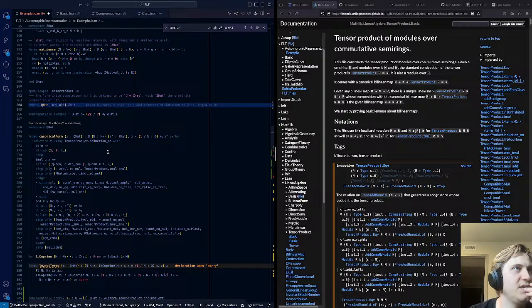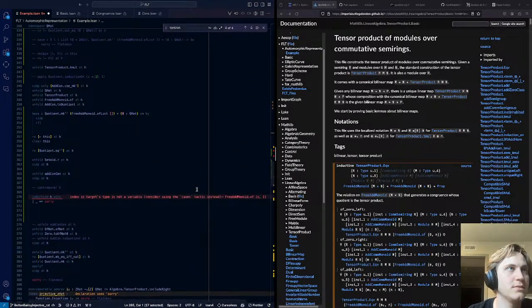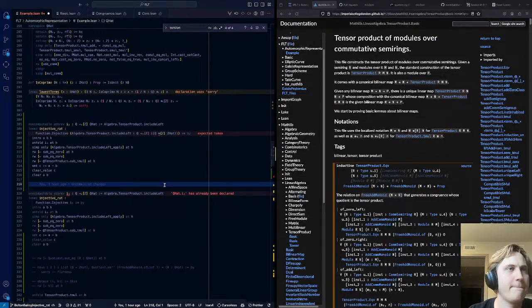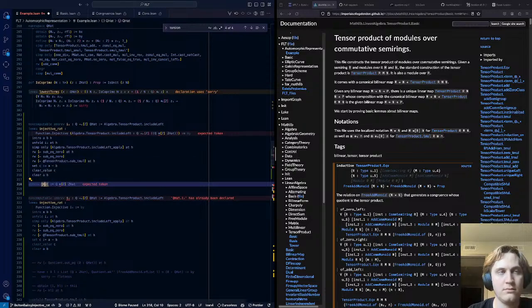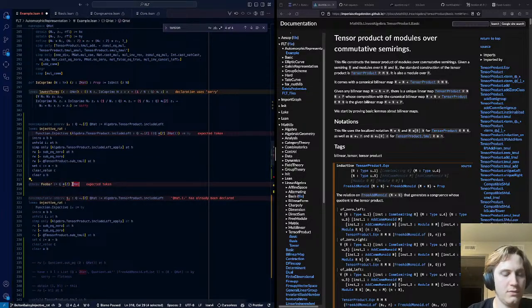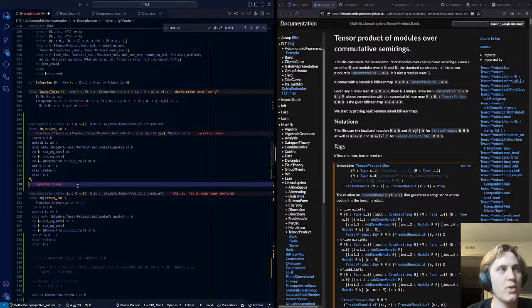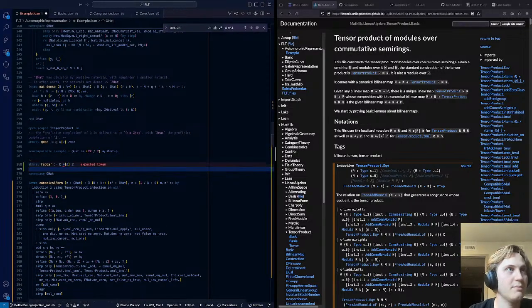Did I leave the abbreviation in? Ugh, oh my god. I'm just going to forget about this. Abbreviation foobar Q, what's our Z? Okay, even this is wrong. What is the issue? Where does this go? Q hat is here. Can I put this here? Expected token. What is the issue?